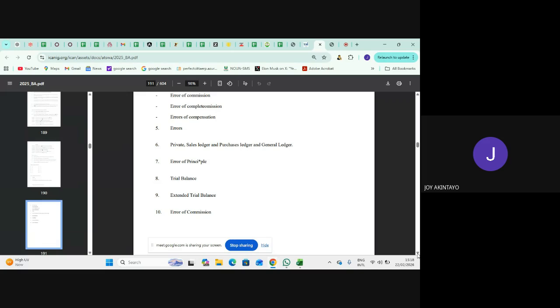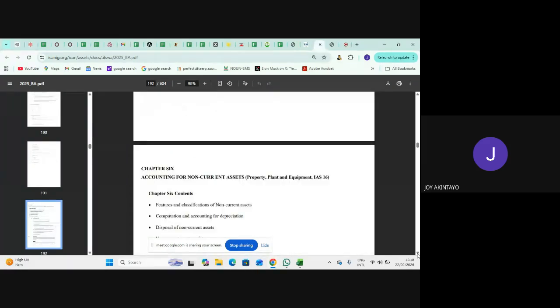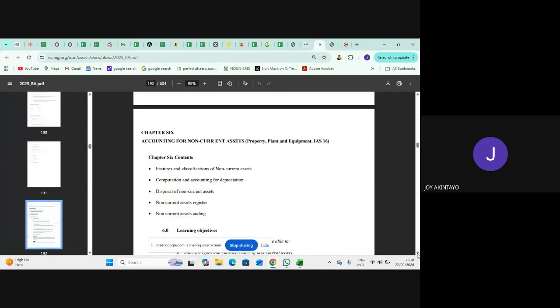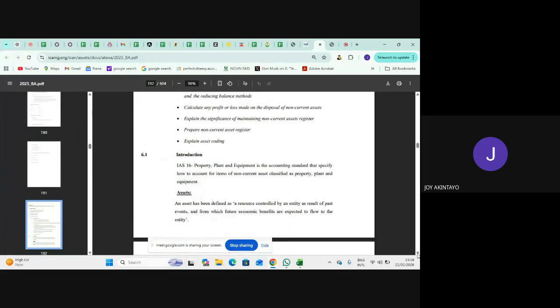So now let's quickly move down to what we have in property, plant, and equipment. We want to account for non-current assets. So without wasting much of our time, non-current assets is being guided by IAS 16, which is property, plant, and equipment, which is the standard that guides us on how to itemize non-current assets, which is being classified as property, plant, and equipment.